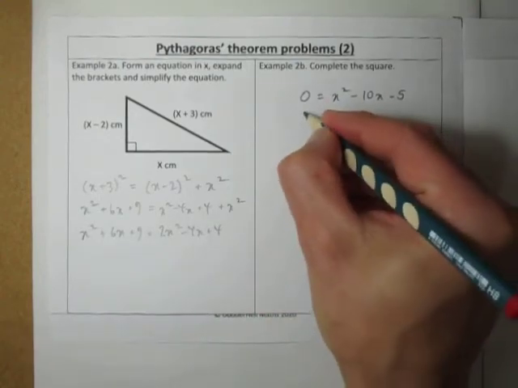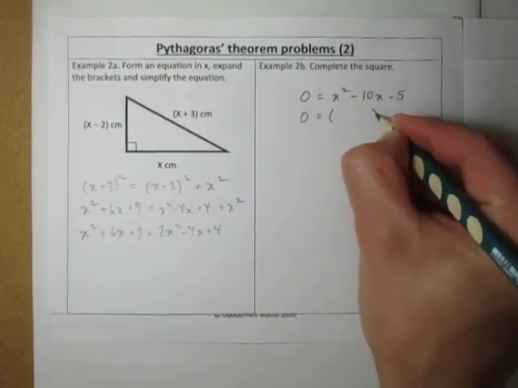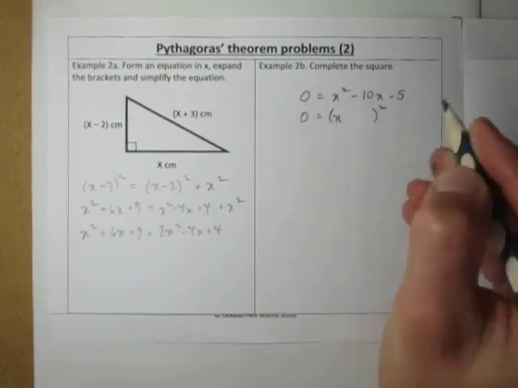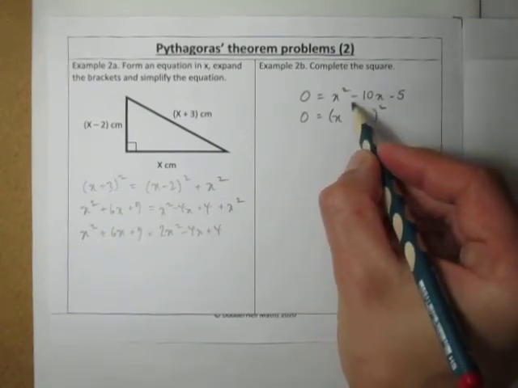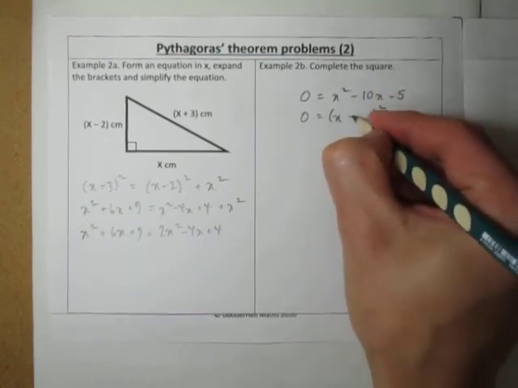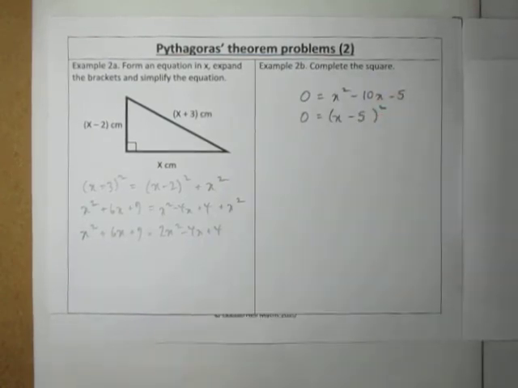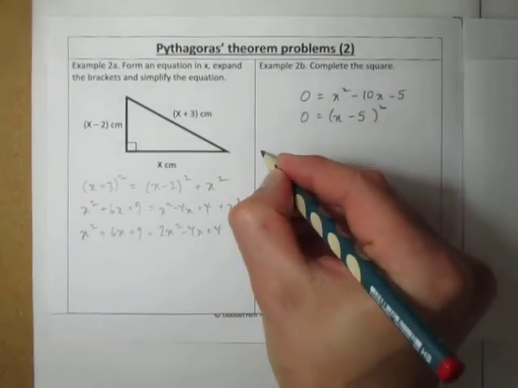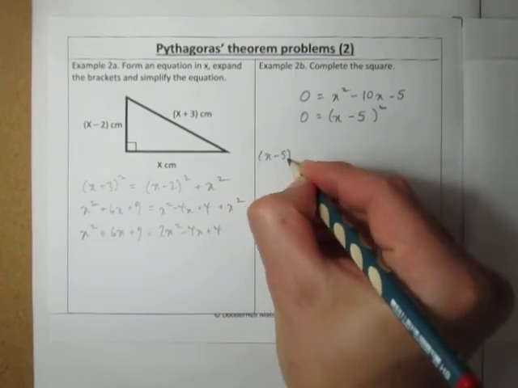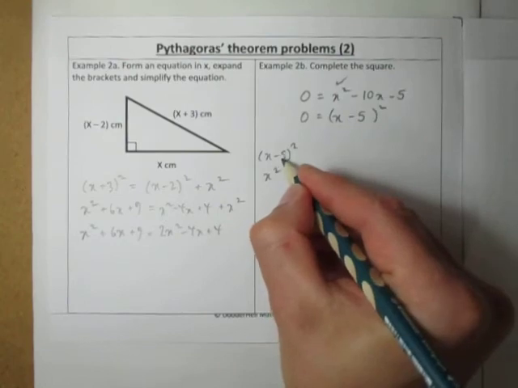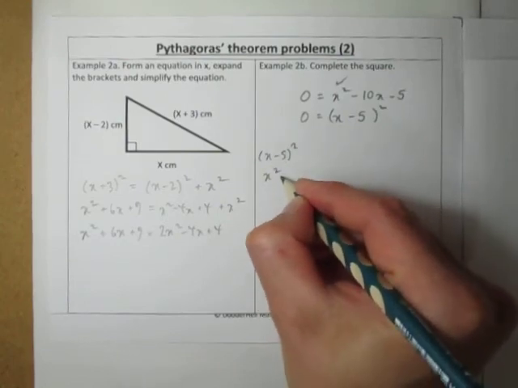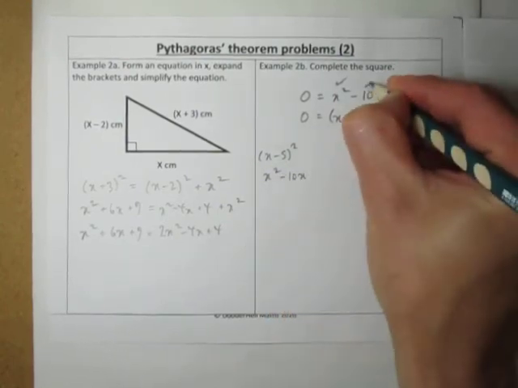I'm going to complete the square. So what goes in the brackets? Remember, we halve the coefficient of the x term, minus 5. Now I know that x minus 5 squared is going to give me x squared, which I've got. It's going to give me minus 5x and minus 5x, which is minus 10x, which is what we've got.